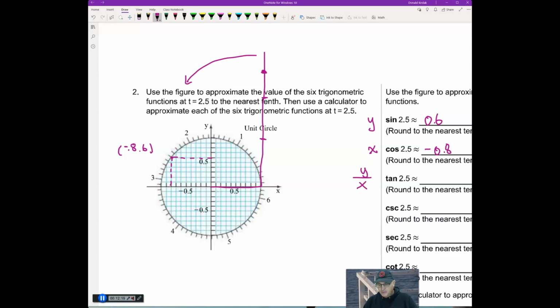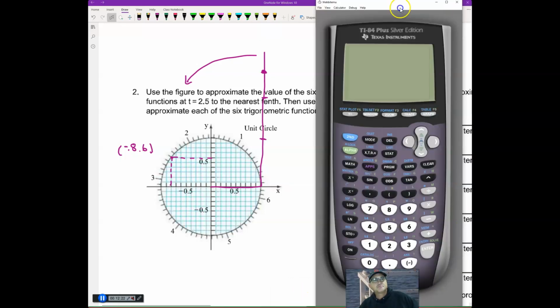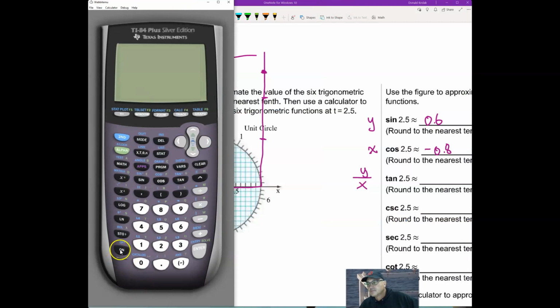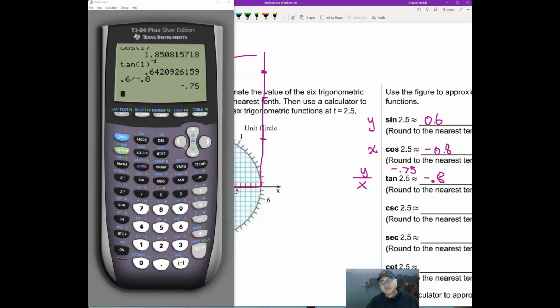So that would be 0.6 divided by negative 0.8. To the nearest tenth, that would be negative 0.75, which rounds to negative 8/10.